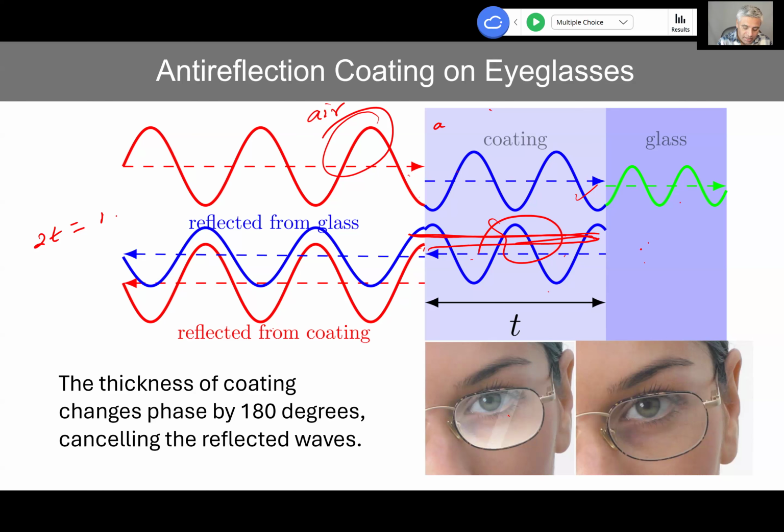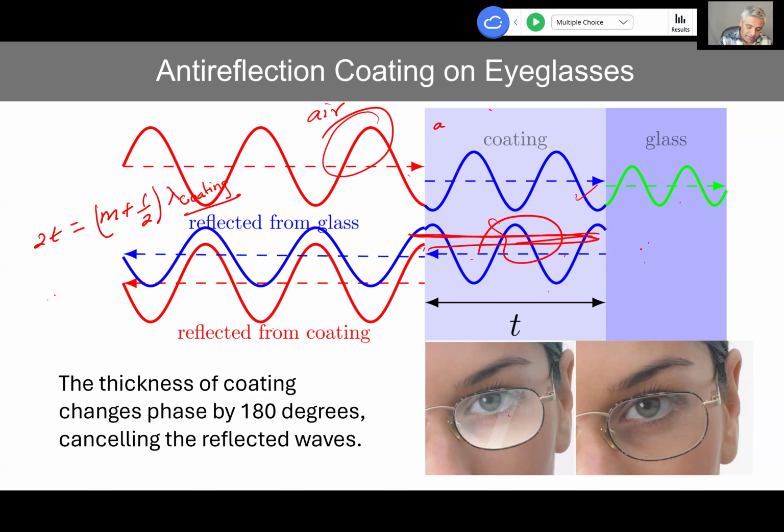2t is m plus half lambda, okay? And this lambda has to be for the coating. So that means we need to know the refractive index of coating.